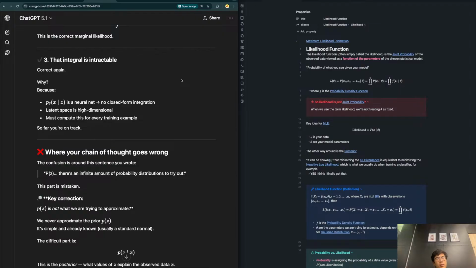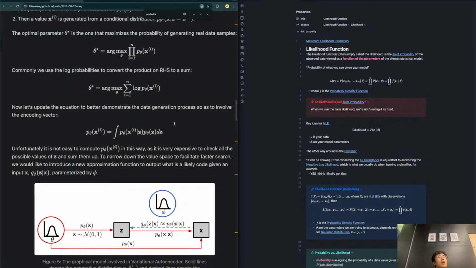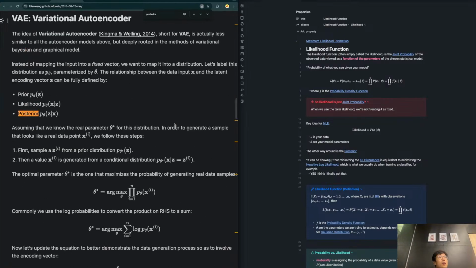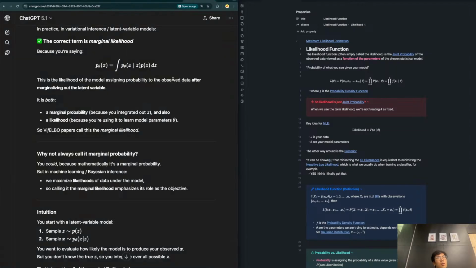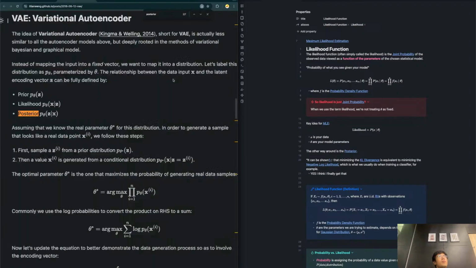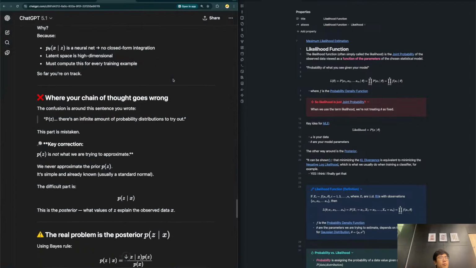P of Z is already known. Or P of theta is some known distribution. Why do we need the posterior?